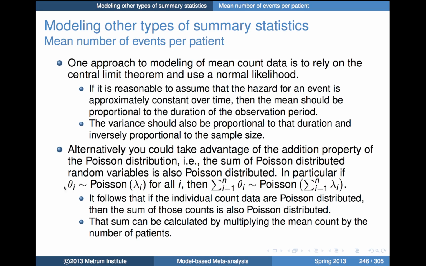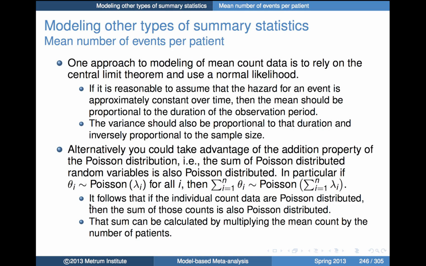I just put that in mathematical terms. So if for each one of our counts here, theta_i represents the count, and that's Poisson with some mean lambda_i for all i, then when you sum up all of those thetas, that too is Poisson, and the mean is just the sum of all those other means.